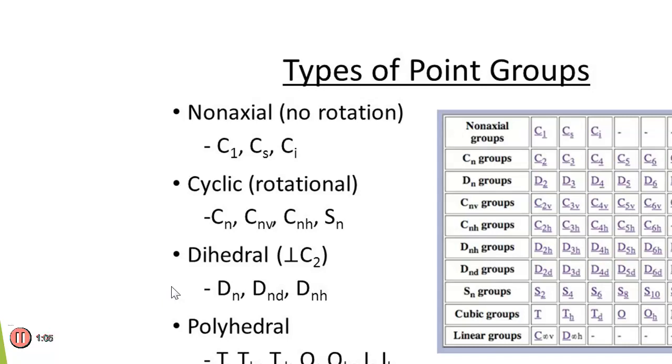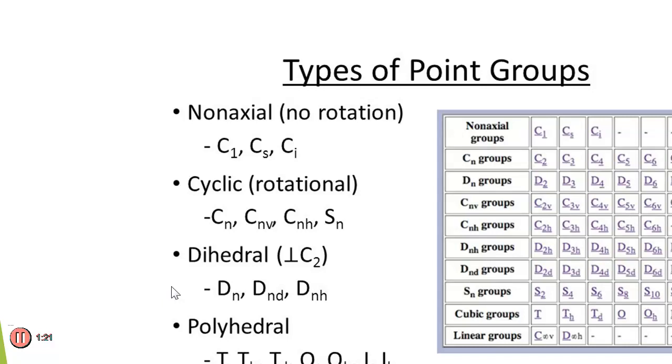For example, if we are rotating around a 180 degree axis, then n is equal to 360 divided by 180. Or we can say that n is equal to 360 divided by theta.